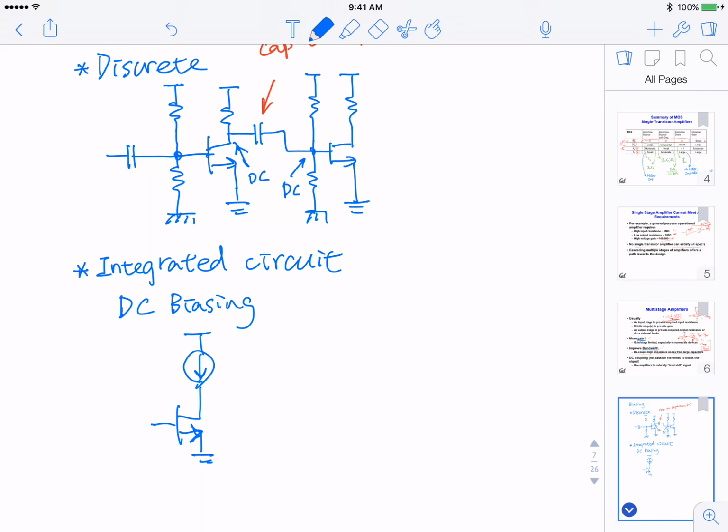And how do we generate this biasing? Well, there are current mirrors. Here you could have a PMOS that sets up this transistor here, and this could be a current mirror.